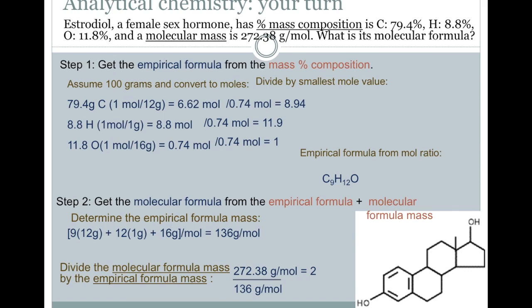So we're going to divide 272.38 by 136, and once again, it looks like the answer is 2. In other words, the molecular mass is twice as large as the empirical mass. So we're going to multiply the empirical formula subscripts by 2. So that's C18H24O2.